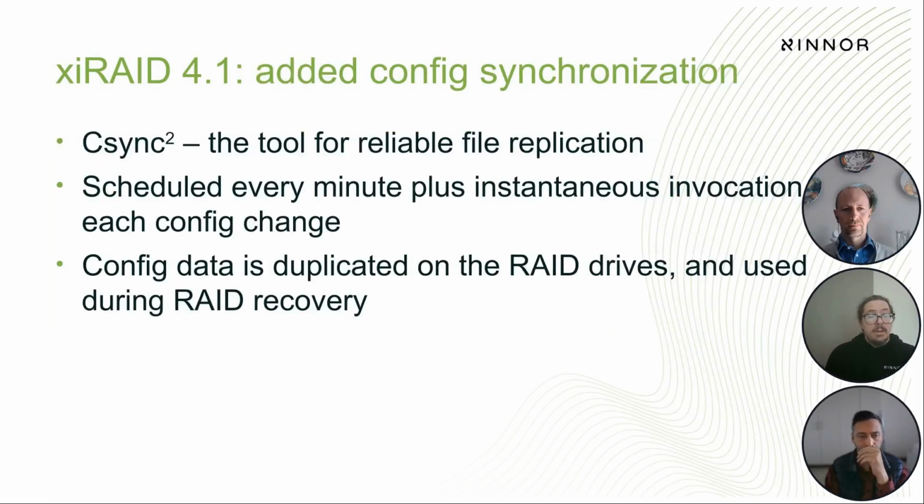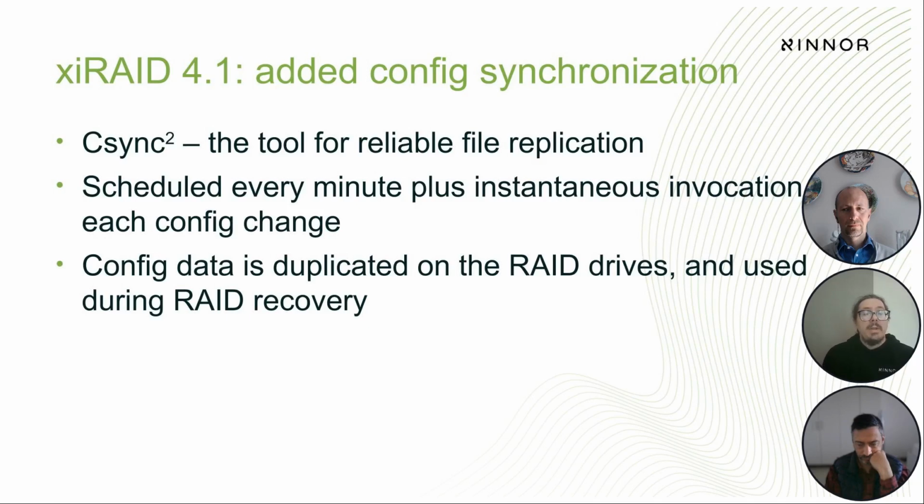We also added a new additional config synchronization method utilizing a third-party tool called xiSync². This is a tool for reliable file replication, and it is invoked for each change of the configuration on the node, so that the change gets propagated to another node.